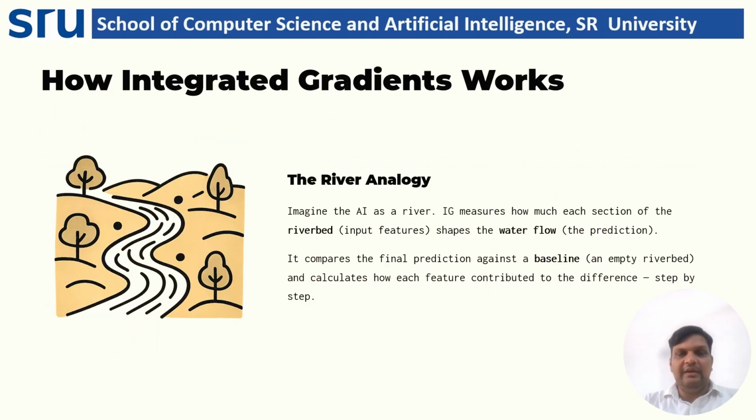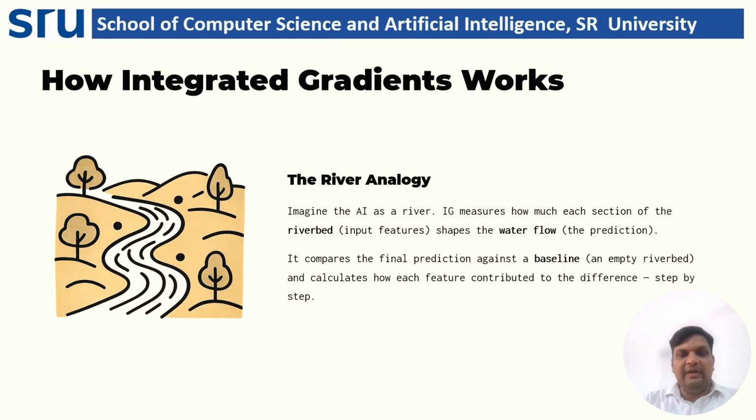How do integrated gradients work? Try to see the river analogy here. Think, for the time being, of imagining AI as a river. Integrated gradients measures how much each section of the riverbed, the input features, shapes the water's flow, the prediction.